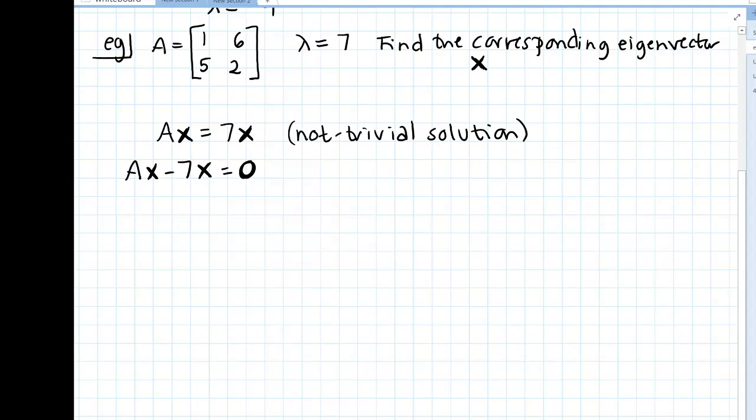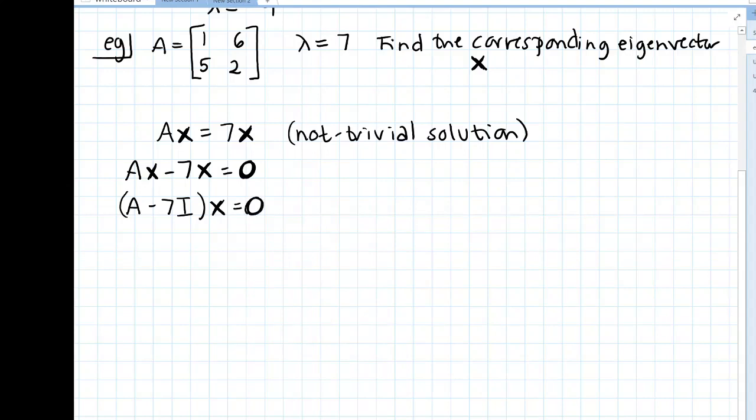So for this next step, we're going to rewrite this in a clever way. I'm going to write it out first, and this is something that you're probably going to want to internalize, but I will also show you where it comes from. So we can rewrite the left-hand side of this as A minus 7 times the identity matrix, times x.